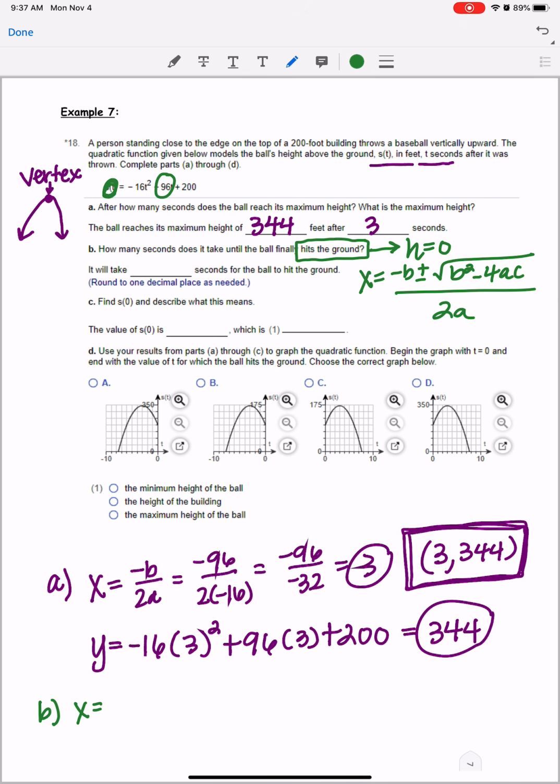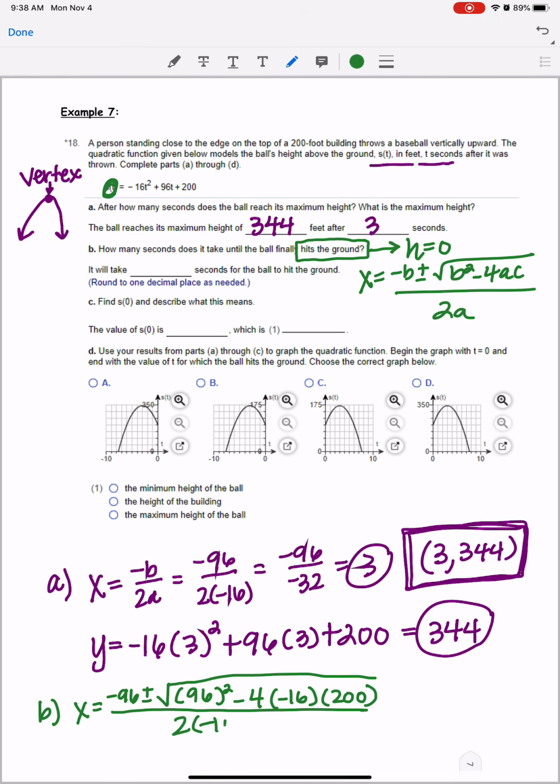My b is 96. So negative 96 plus or minus the square root of 96 squared, minus 4 times my a is negative 16, my c is 200, and this is all over 2 times a, so negative 16.